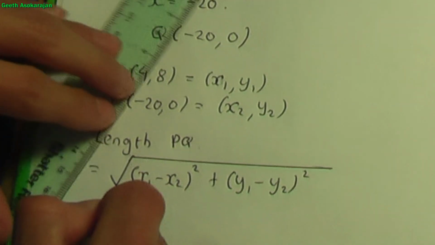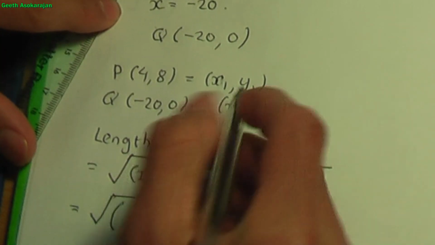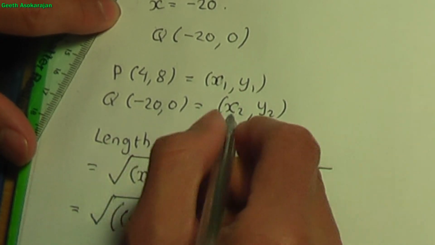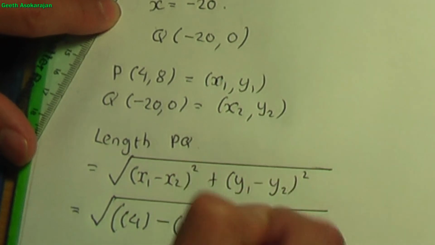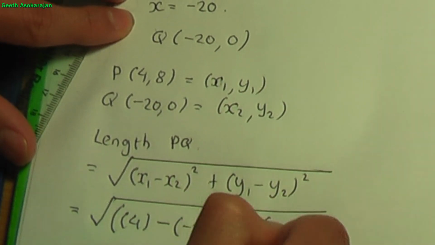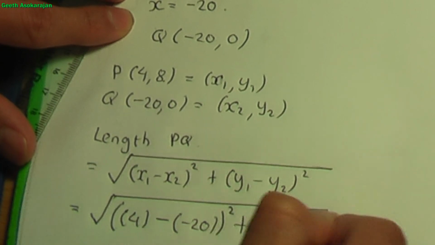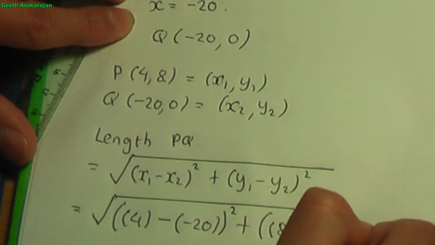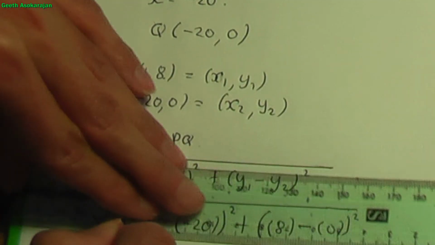So let's move on. So we have the square root of, now x1 is 4, so 4 minus, x2 corresponds to minus 20, squared, plus y1 is 8, minus, and y2 corresponds to 0, squared. So let's continue.